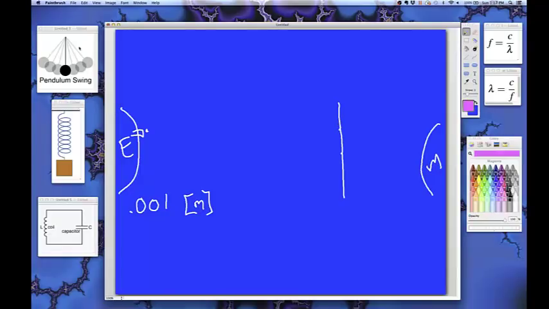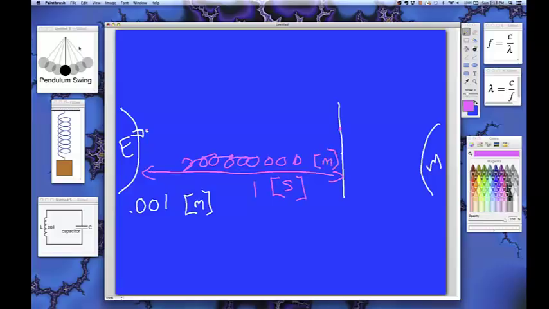Now let's pick a different color here. So here's a photon that reaches the detector in exactly 1 second. So that's all we know, really. And we know that after 1 second, that photon has traveled 300 million meters.